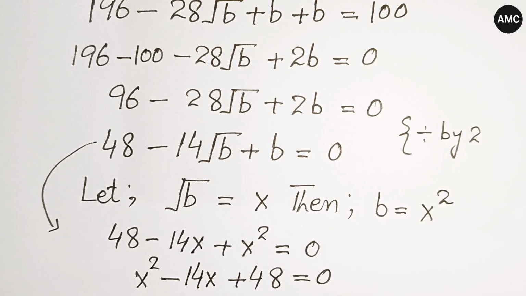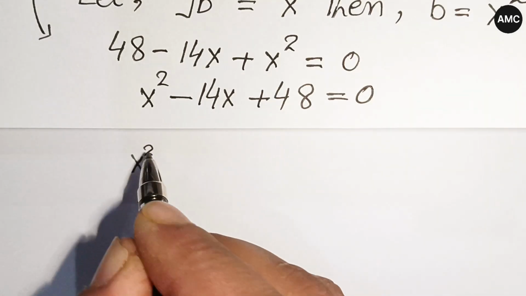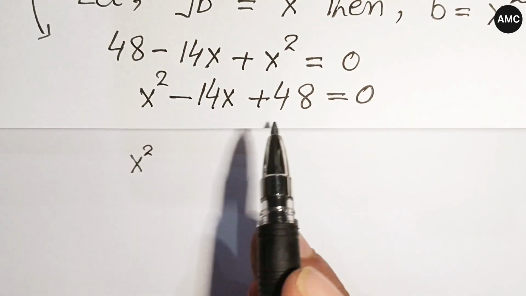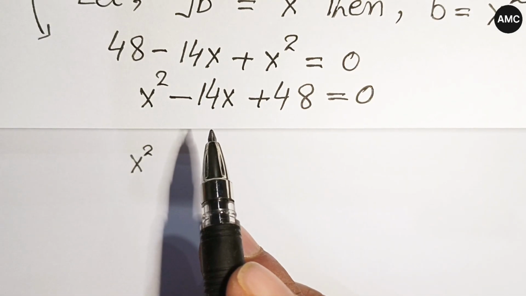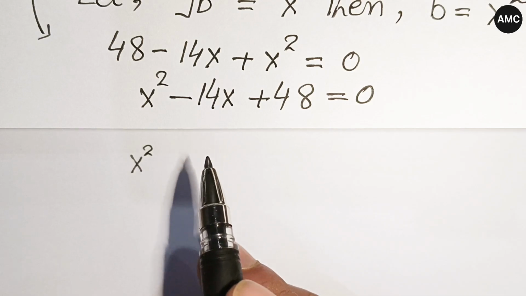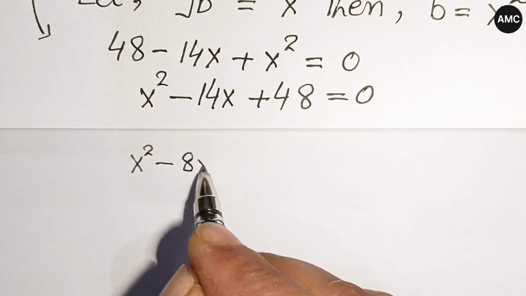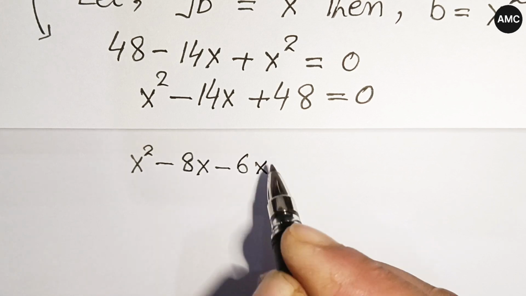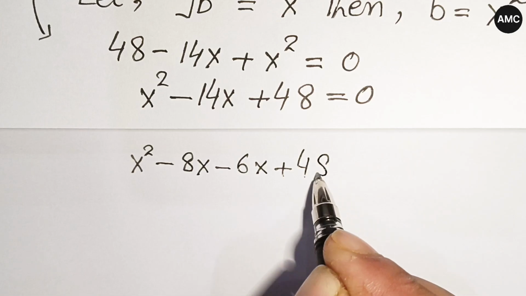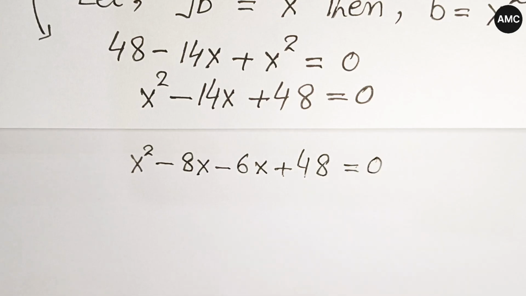Now, it is a nice quadratic equation and it is also factorable. Solving by the factorization method, here we have x squared; the product is 48 and the sum is 14. So we can take the factors 8 and 6, whose product is 48. So x squared minus 8x minus 6x plus 48 is equal to 0.